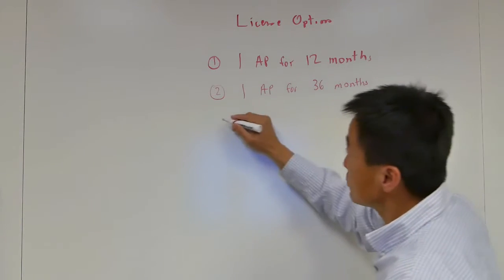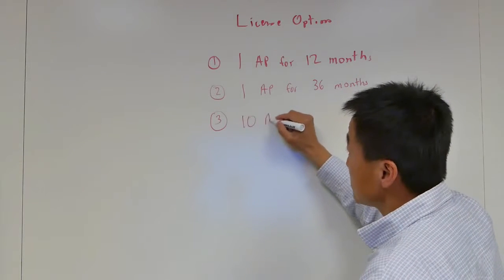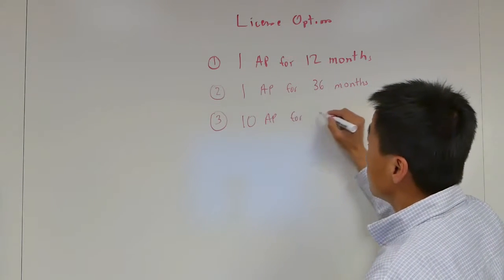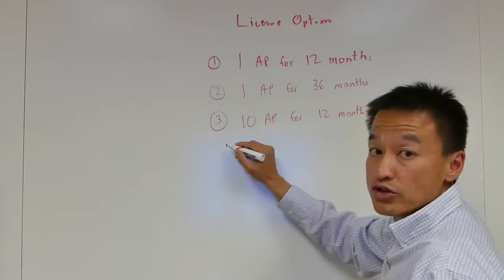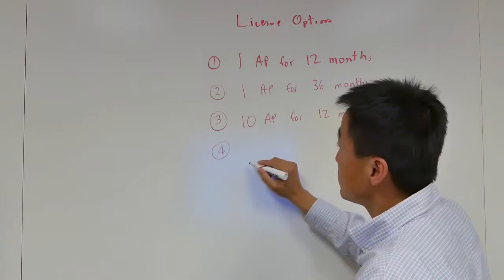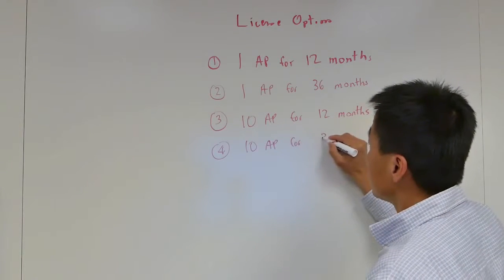The third SKU a person purchased is equivalent to 10 AP for 1 year or 12 months. The fourth SKU gives you a capability to manage those 10 APs for 36 months.